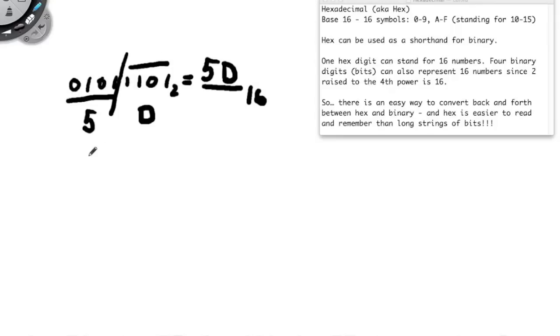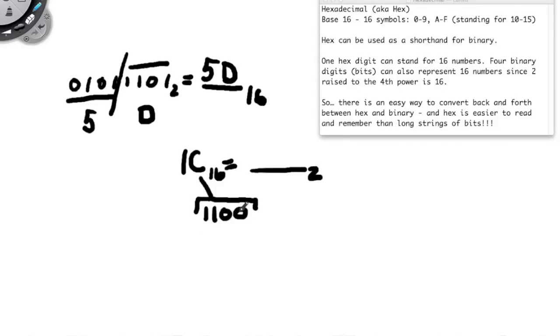Now if you go the reverse direction, if we had a number in hex like we started with here, and we want to know what that number is in binary, you can do the reverse process. We can turn each hex digit into a group of 4 bits. So a C is 12. 12 in binary is 8 plus 4, and no 2 and no 1. So there's the C. And a 1 in 4 bits, that's easy.